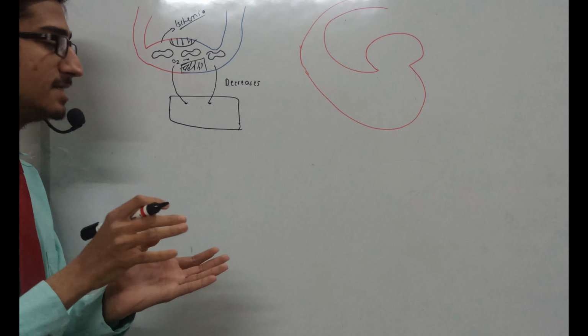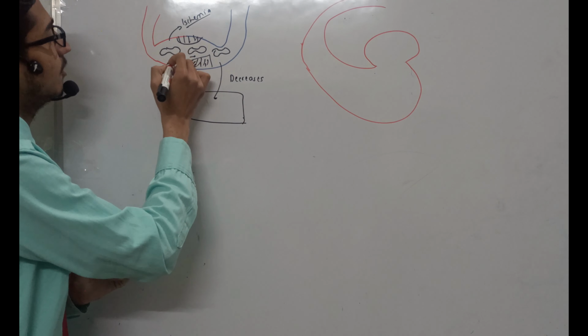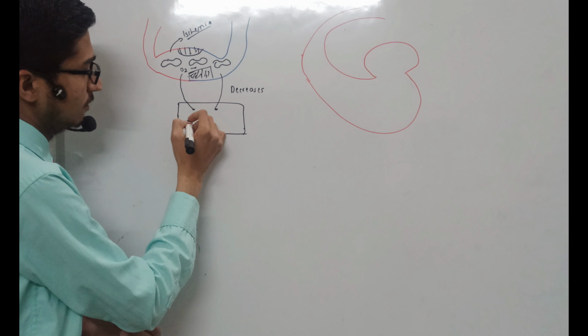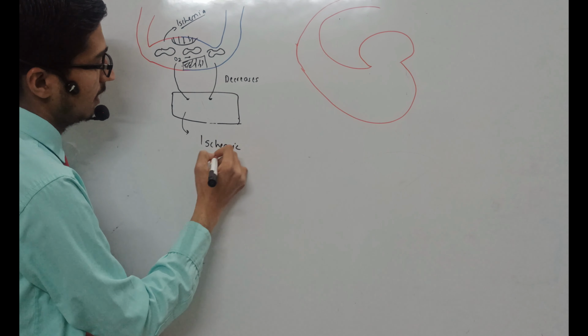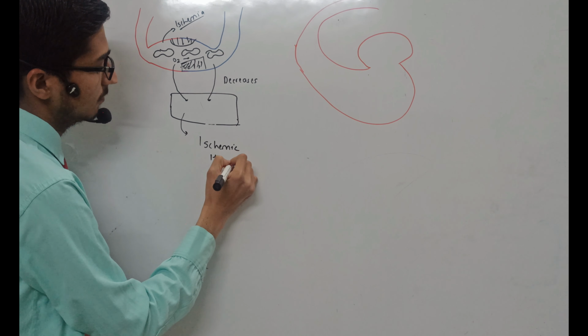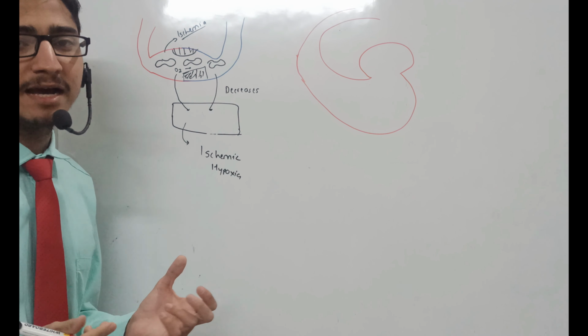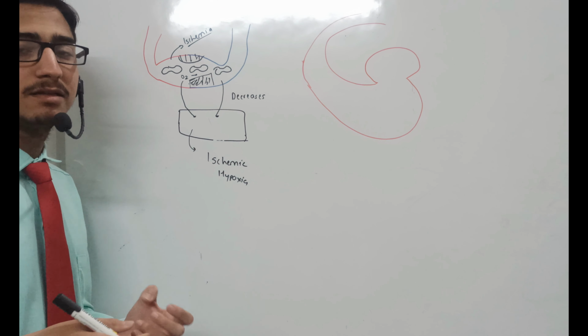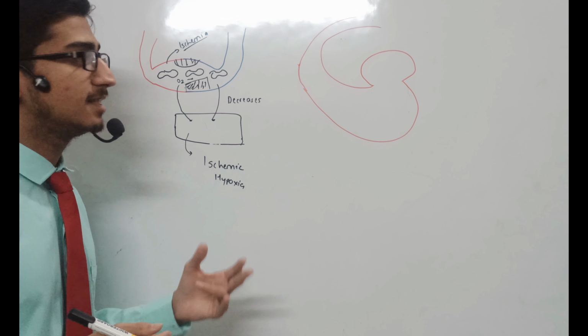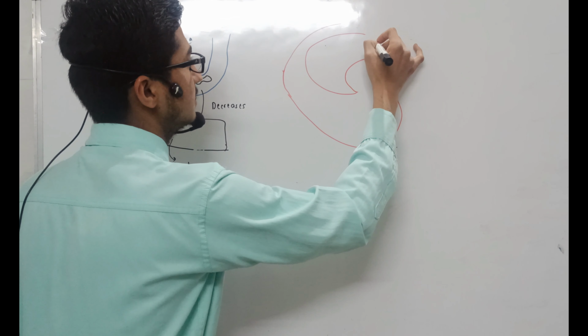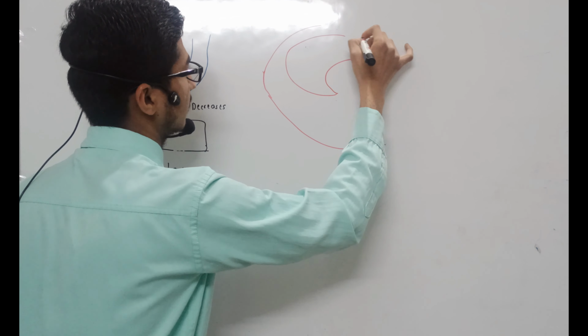That is decreased availability of blood, and oxygen is also inadequate, so this is known as ischemic hypoxia. So for ischemic hypoxia there are two conditions. Number one is thrombosis or embolism inside the vicinity, and the second example is congestive cardiac failure.